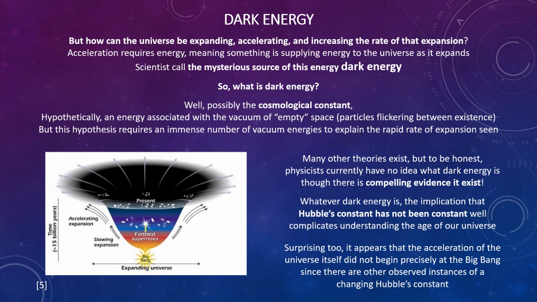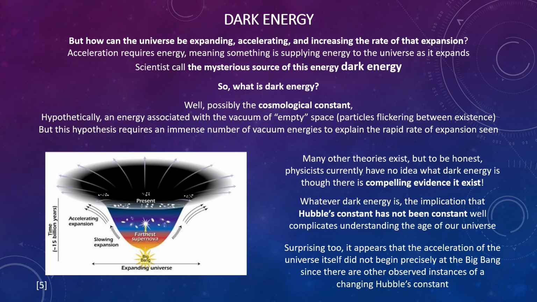There are a lot of other theories. Physicists are constantly proposing new theories for dark energy, but there's really no compelling evidence yet that can define what it is, just that it is present in the data, that something is causing this increasing rate of expansion. We're just not sure what it is.